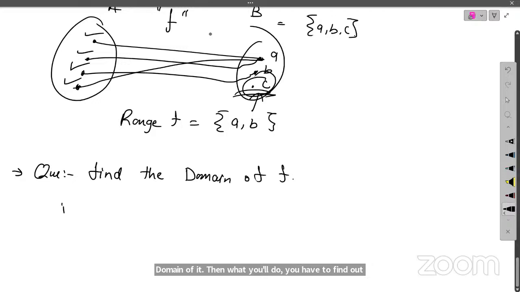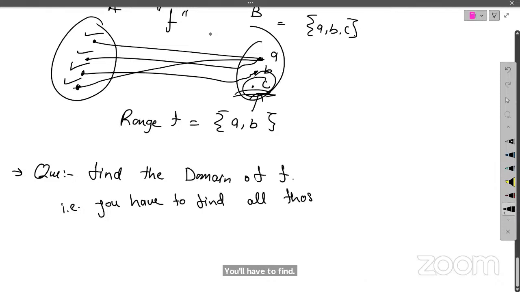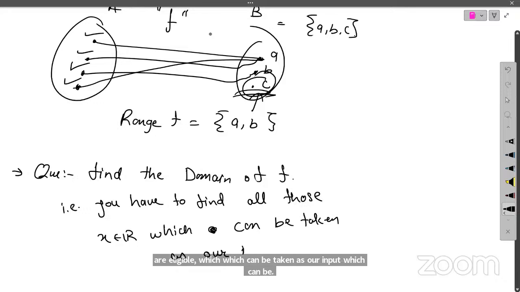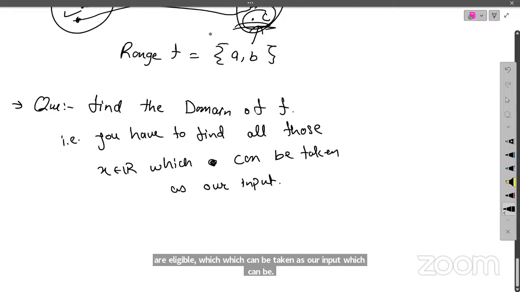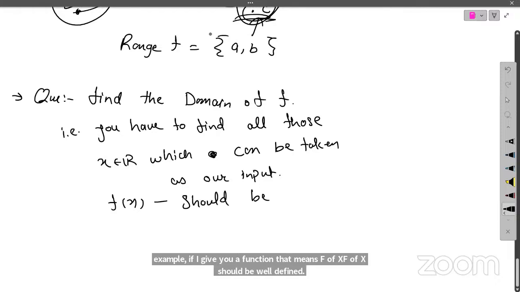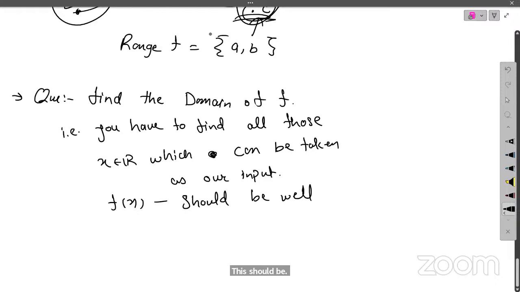That means you have to find all those x belonging to real numbers, all those real numbers which can be taken as our input. For example, f of x should be well defined. Well defined means it should not be equal to infinity or something like that.